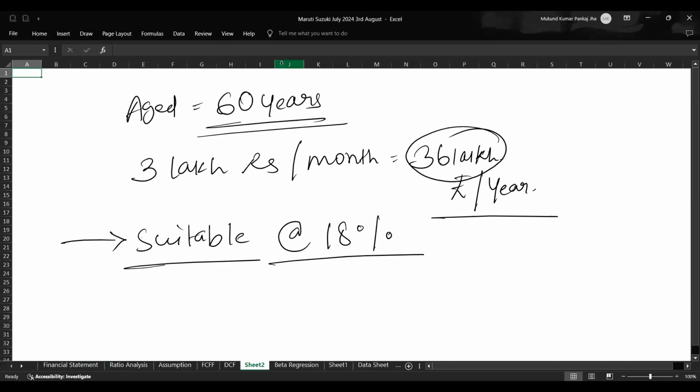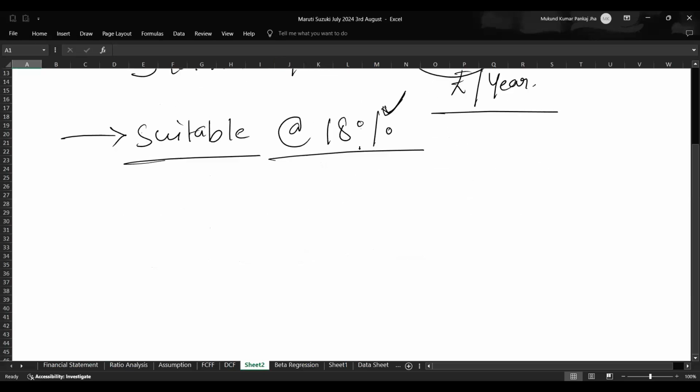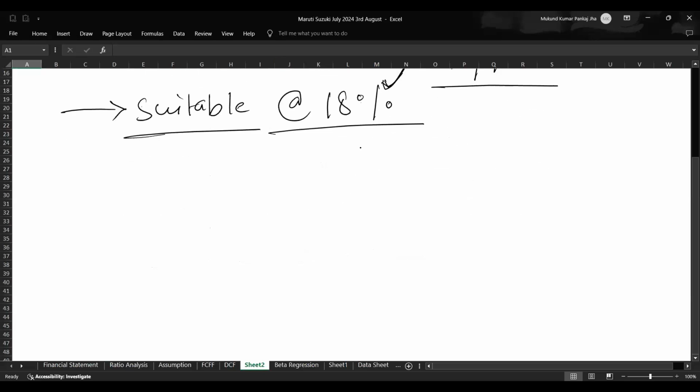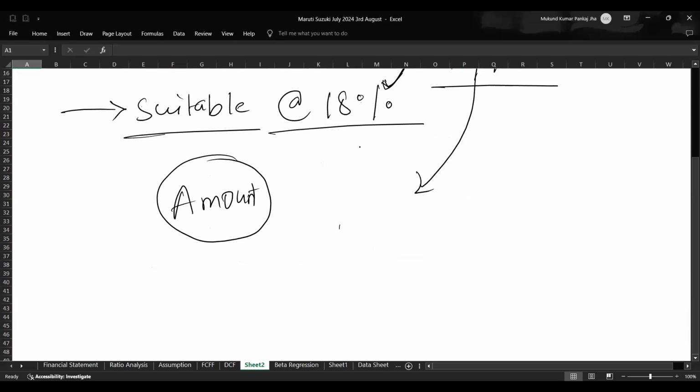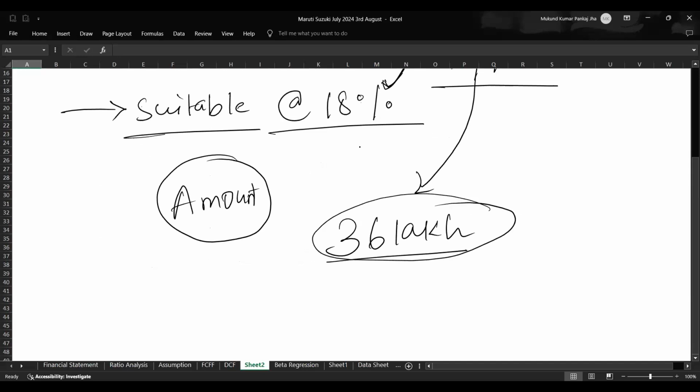Now, he wants to accumulate a sum of wealth so that he can withdraw 36 lakh every year till perpetuity.